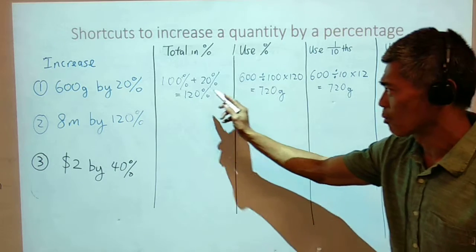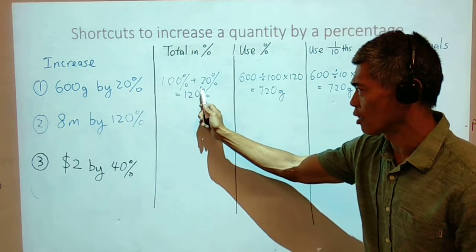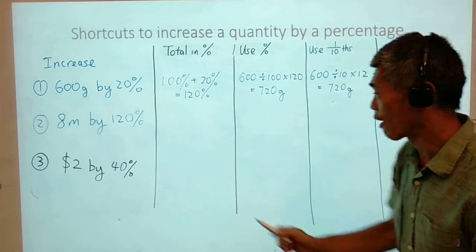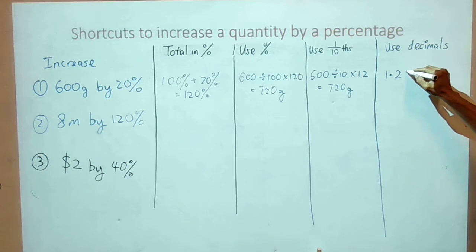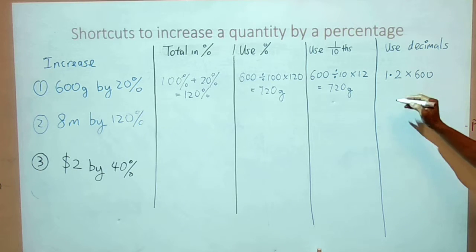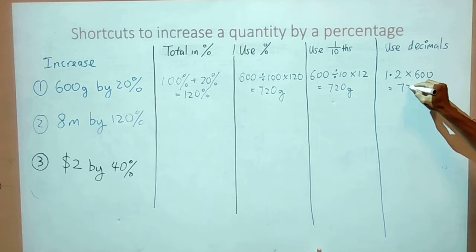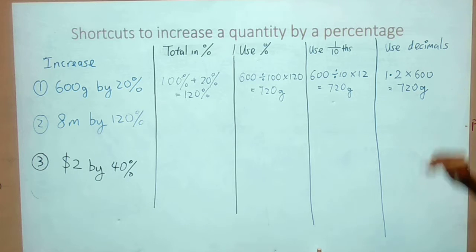It's almost as if you have moved the decimal point 2 decimal places to the left. So 120% becomes 1.2. When you multiply that with 600, in a one-step process, you get 720 grams. So this will be the fastest method to actually get your answer using a calculator.